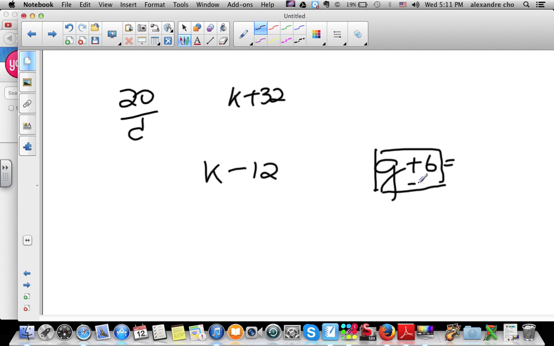Abby baked 48 cookies and divided them evenly into bags. So let B represent the number of bags. Write an algebraic expression to represent the number of cookies in each bag.